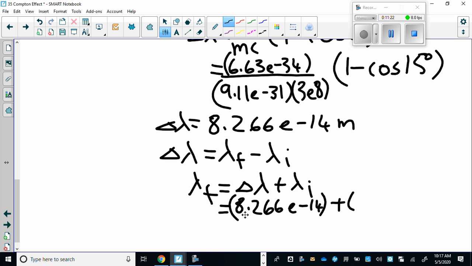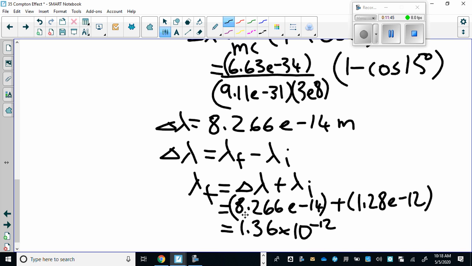The initial wavelength is 1.28 times 10 to the negative 12, and that gives us a final wavelength of the scattered ray of 1.36 times 10 to the negative 12 meters.